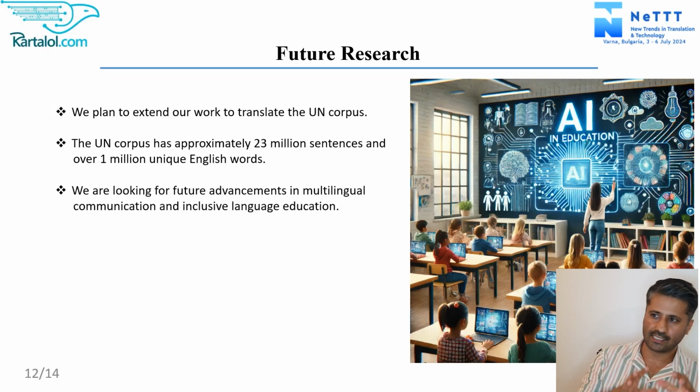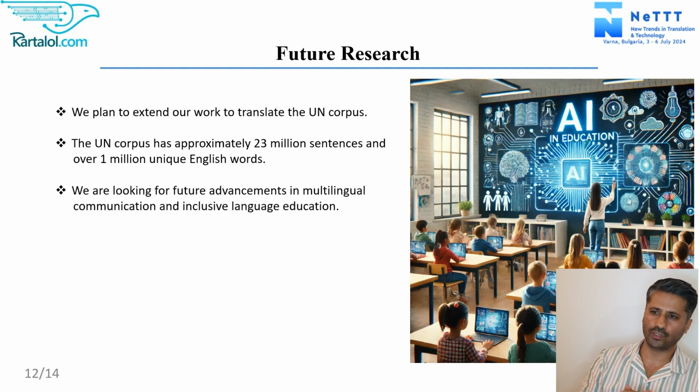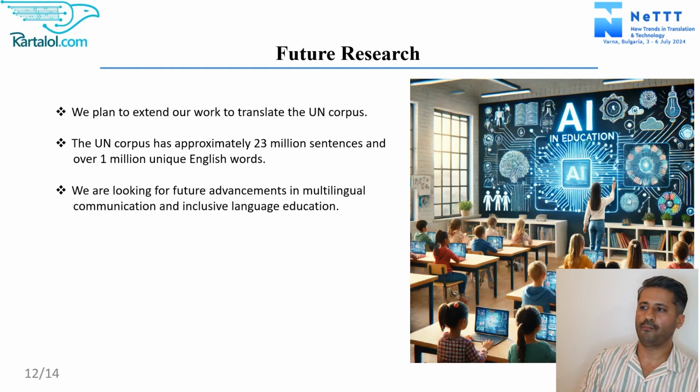And it has over 1 million unique English words, so it would have over 1 million unique Azerbaijani words as well. This ambitious expansion aims to enhance the depth and breadth of machine translation for Azerbaijani, significantly enriching linguistic resources and improving translation accuracy for this underrepresented language.